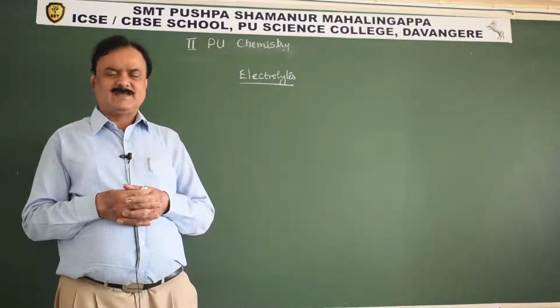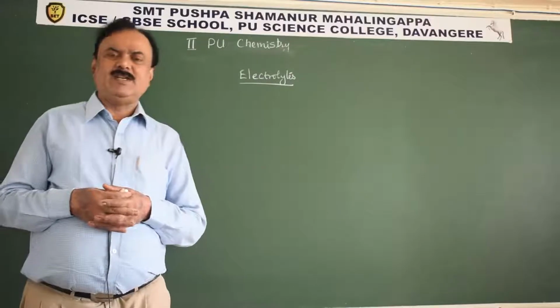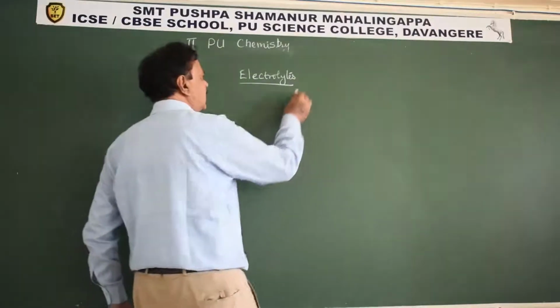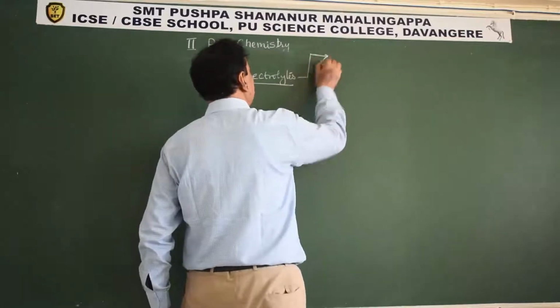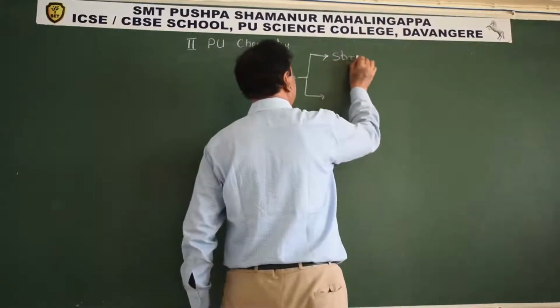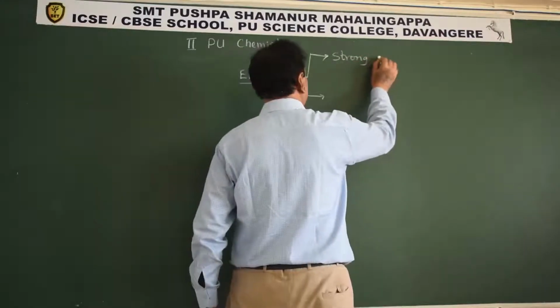Now, electrolytes are further classified into strong electrolytes and weak electrolytes. That you already studied in first PUC in the ionic equilibrium chapter.